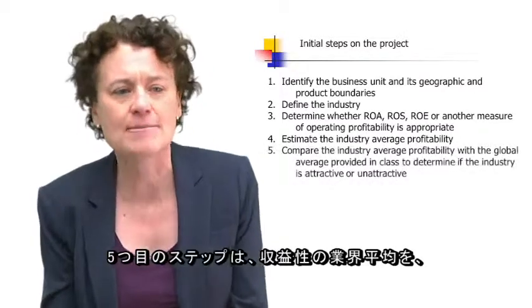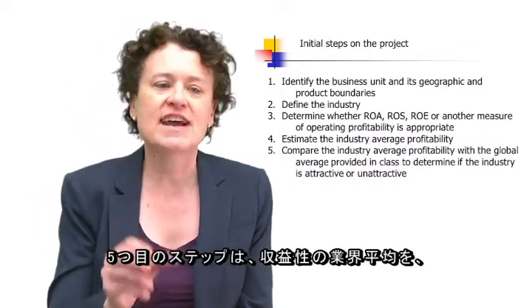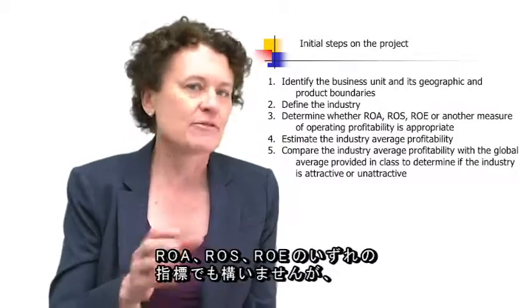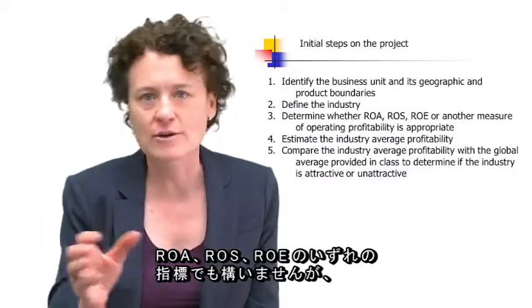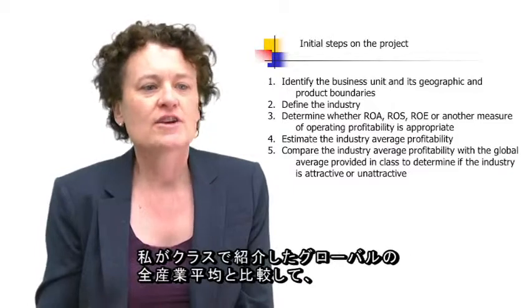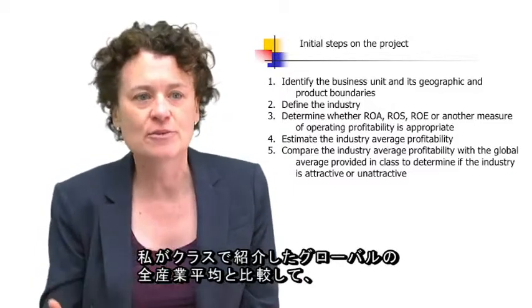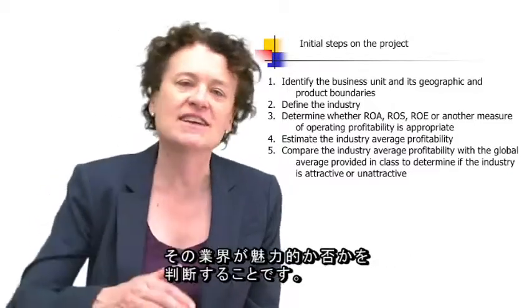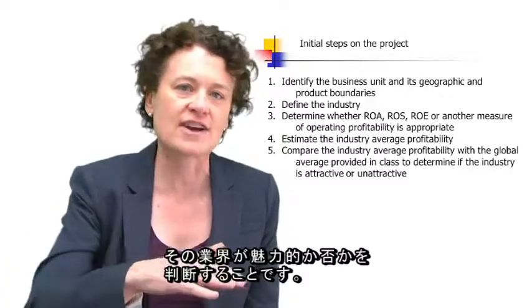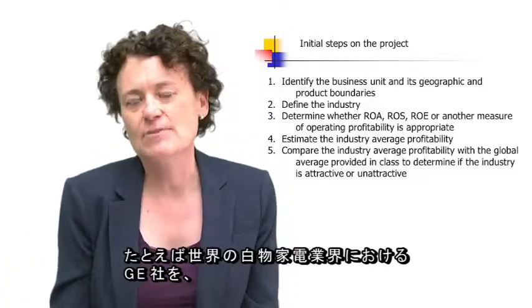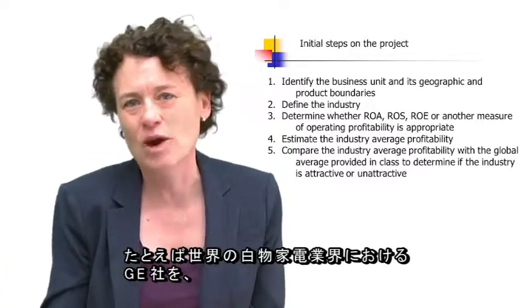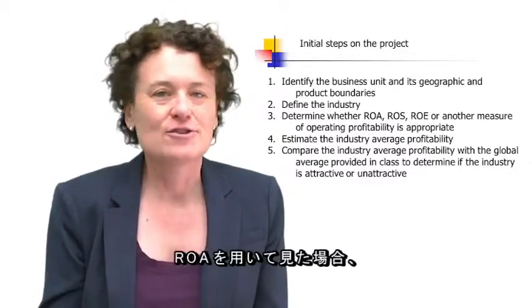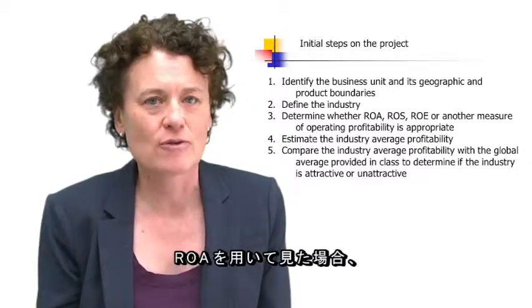The fifth step is to compare the industry average profitability on whichever metric you've chosen, ROA, ROS, or ROE, with the global average that I provided you with in class to determine if the industry is attractive or unattractive. So let's say, for example, that you're looking at General Electric and white goods globally. You're using ROA as your measure of performance.